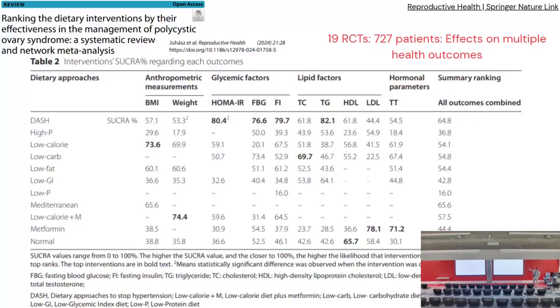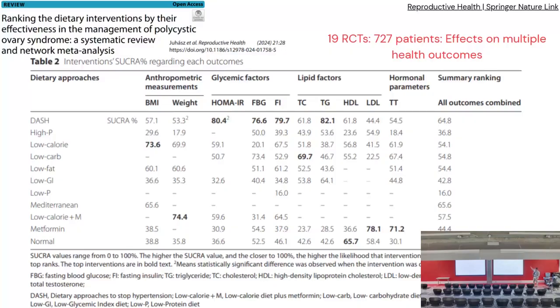That's interesting, we want to look at that, but we're also looking at markers associated with insulin resistance and glucose control for factors such as hyperinsulinemia, etc. So we've got HOMA-IR, we've got fasting blood glucose, we've got fasting insulin. We're looking at dyslipidemia, so we're looking at triglycerides, total cholesterol, HDL, LDL as well, total testosterone as well at the same time.